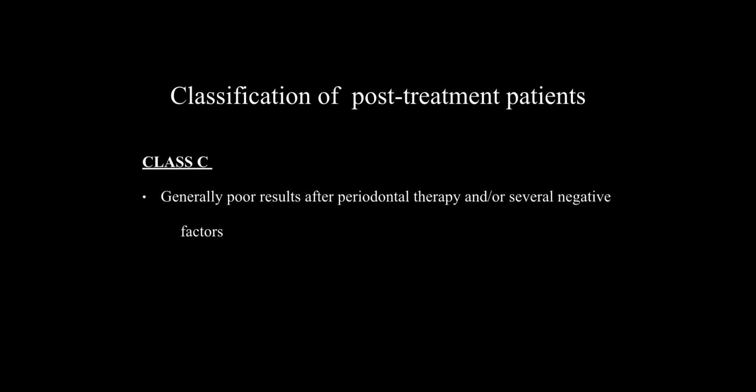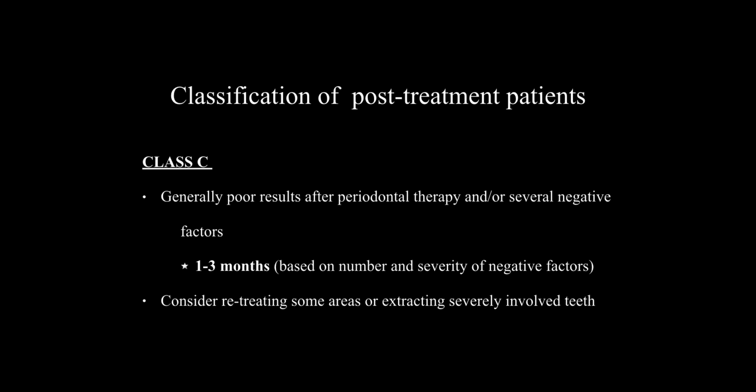In this case, we consider, as I mentioned, retreating some areas or extracting severely involved teeth. And here it's very important to monitor these patients very closely because usually they're at high risk of recurrence or needing retreatment. And here the interval is going to be between 1 to 3 months.